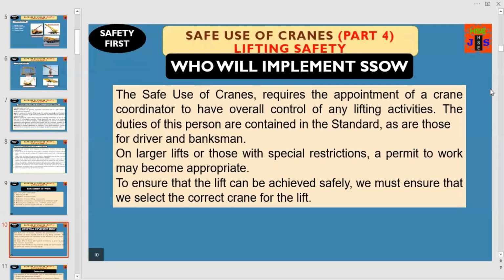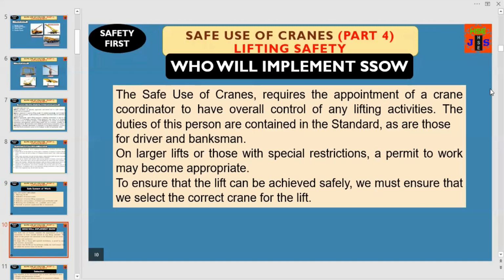The duties of this person are contained in the standard, as are those for the driver and banksman. If you are interested to know the duties of the lifting appointed person, the crane operator or driver, and the banksman, please click on the link that is appearing on your screen. On larger lifts or those with special restrictions, a permit to work may become appropriate.